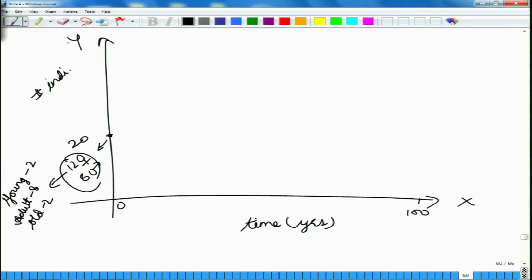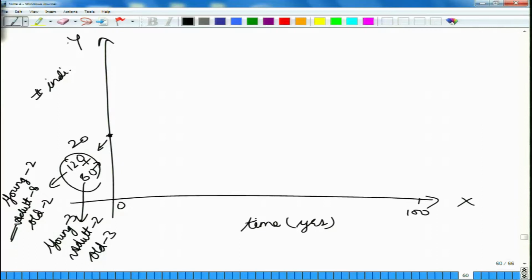So, in this case, out of these 12 females, 8 females are adults, so they are in the reproductive period, and out of these 8 males, let us say that we have 3 young males, 2 adult males and 3 old males.